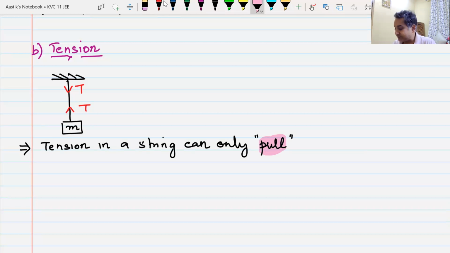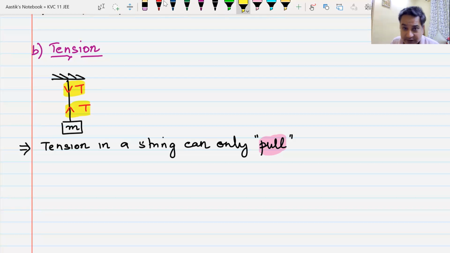Strings can only pull. Strings cannot push. You have to remember these small points about strings and tension, so that whenever we are encountered with a question, we do not get trapped. Tension can only pull. Now you can see here what I have drawn. Both the tensions I have drawn same. The directions are opposite, but the tension is same.